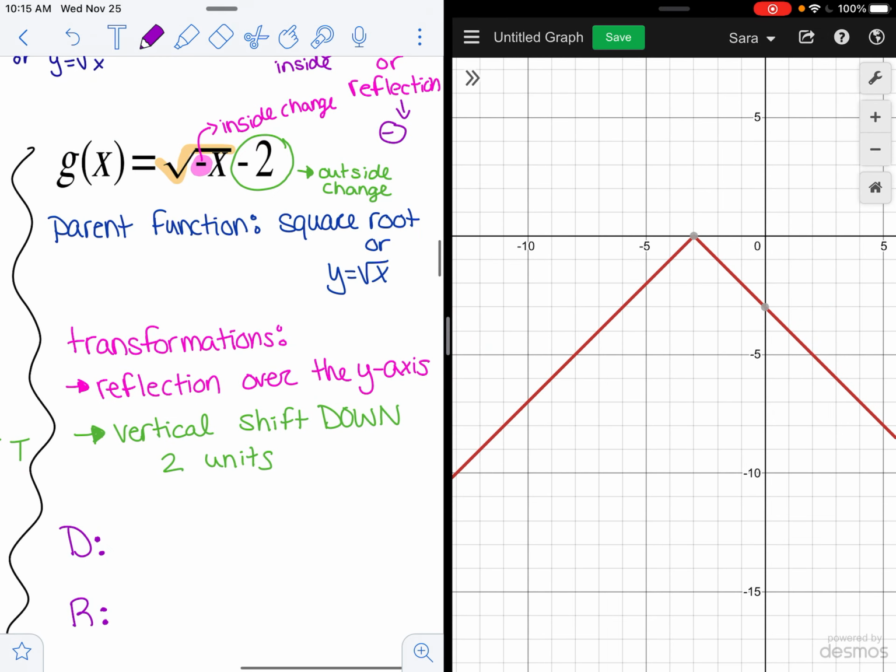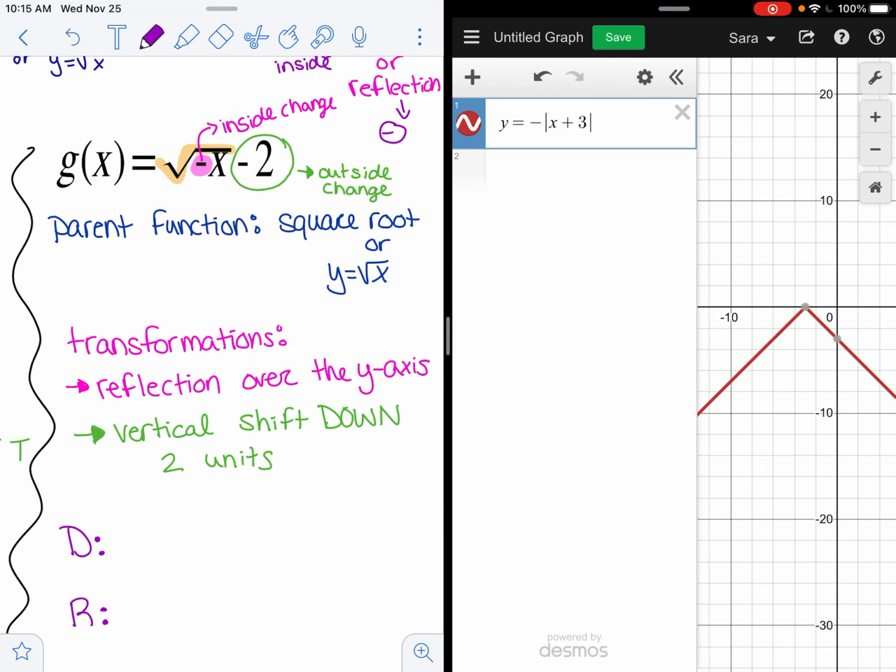I'm going to type in this function: y equals, you could type g of x or y, doesn't matter, square root of negative x, and then outside the square root I'm going to write minus 2. So I can see that my graph moved down and it's flipped. So my domain, it goes from left to right, so it stops at 0. The x values stop at 0.